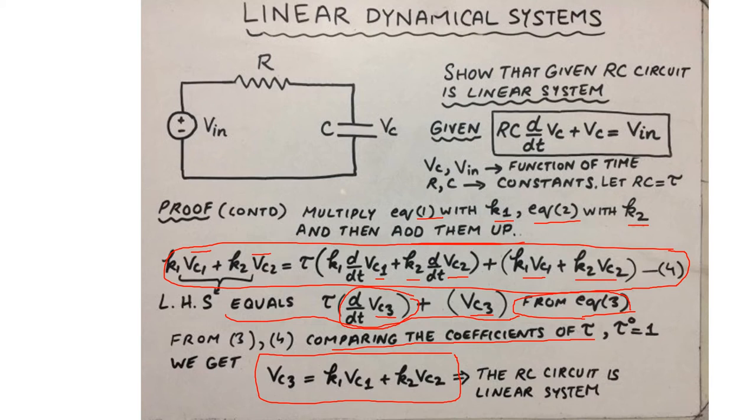And that's all that we were looking for. VC3 is actually equal to the weighted sum of the corresponding outputs with the same weights k1 and k2. Therefore, we have proved that the RC series circuit is representing a linear system.